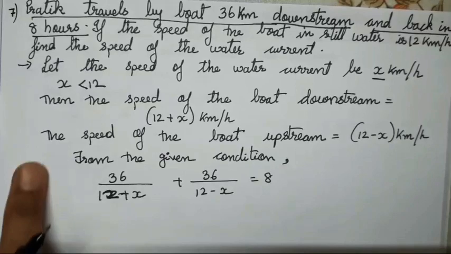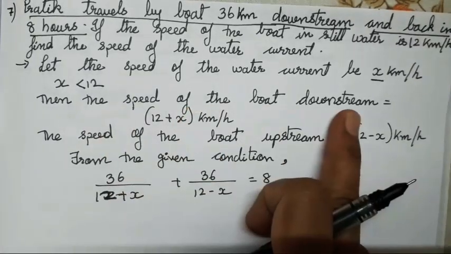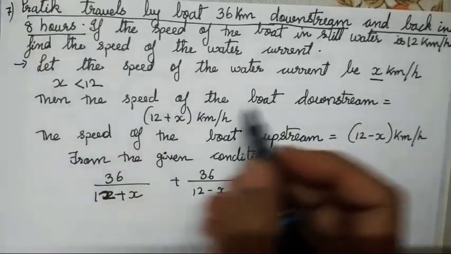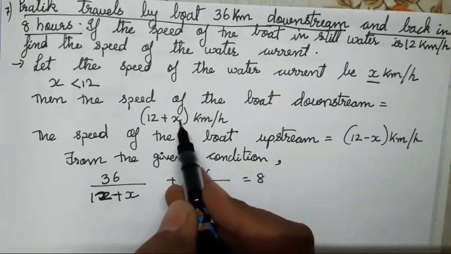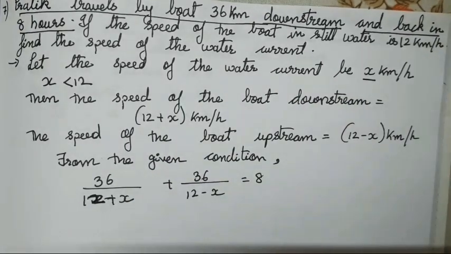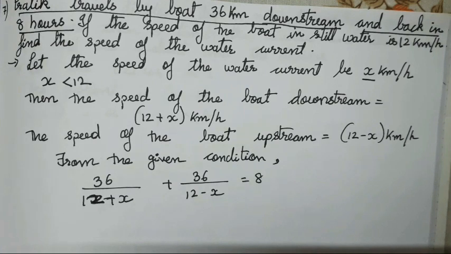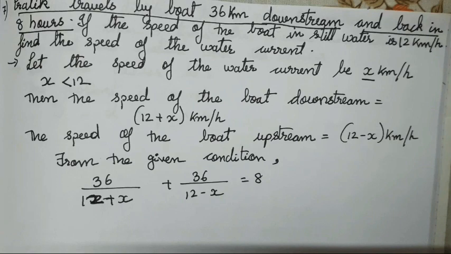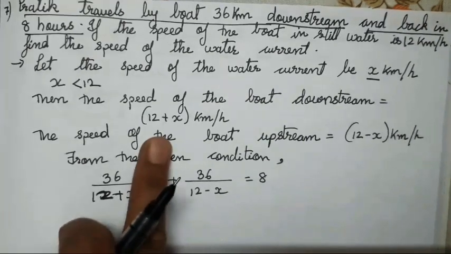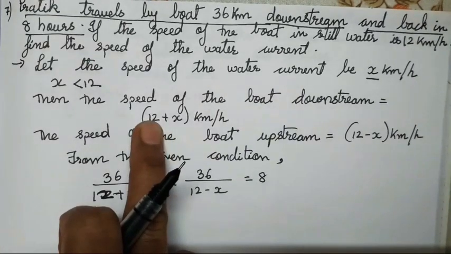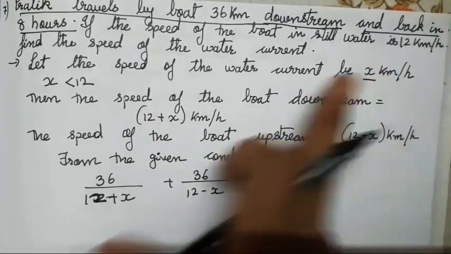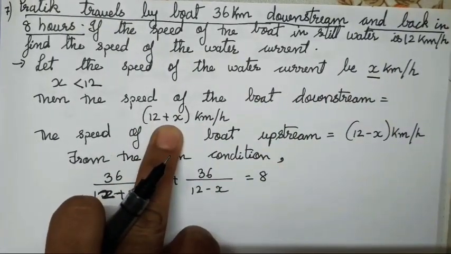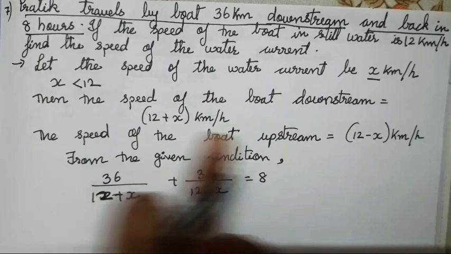Now, the speed of the boat downstream is going to be 12 plus x, because the speed is going to increase. If you are riding a bicycle, when you are going downstream, your speed increases, isn't it? Therefore we write 12 plus x.